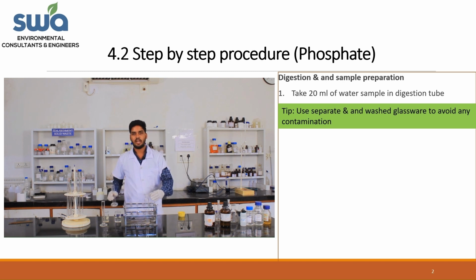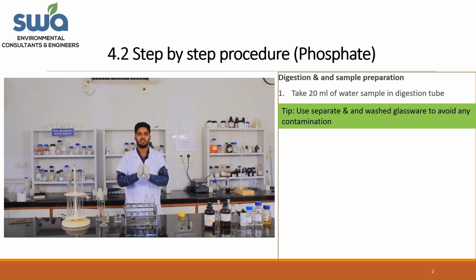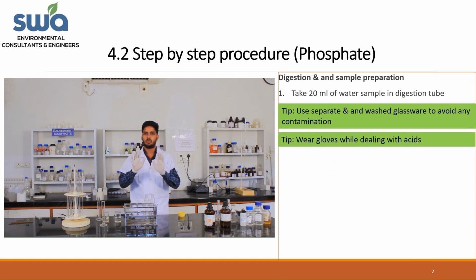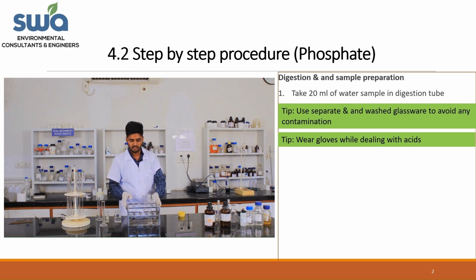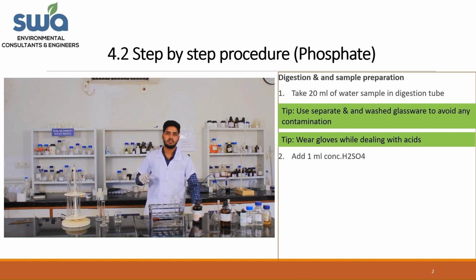Now we will add concentrated sulfuric acid and concentrated nitric acid into the sample. Make sure you wear gloves while dealing with the acids. So we will add 1 ml of concentrated sulfuric acid into each tube.